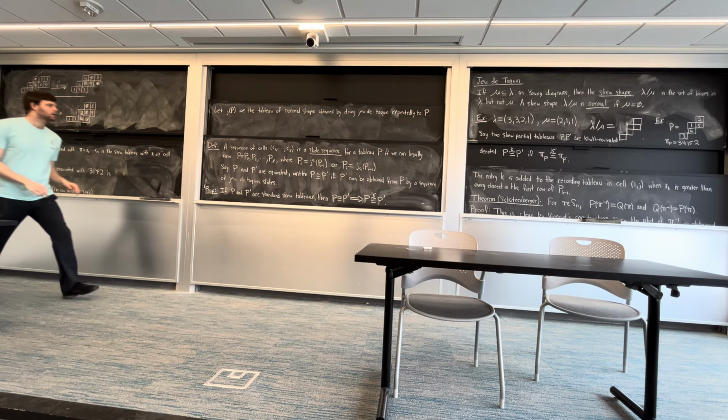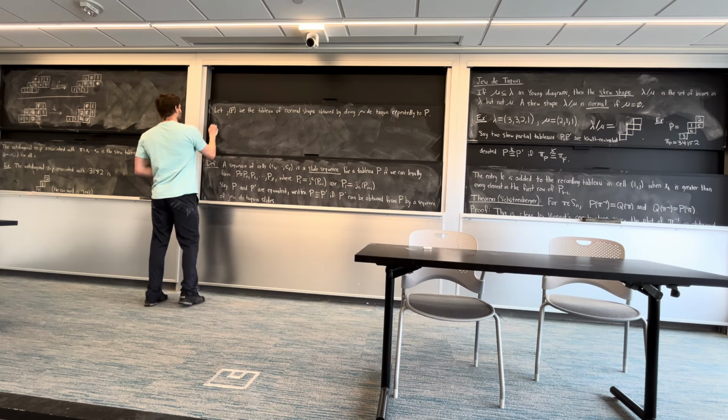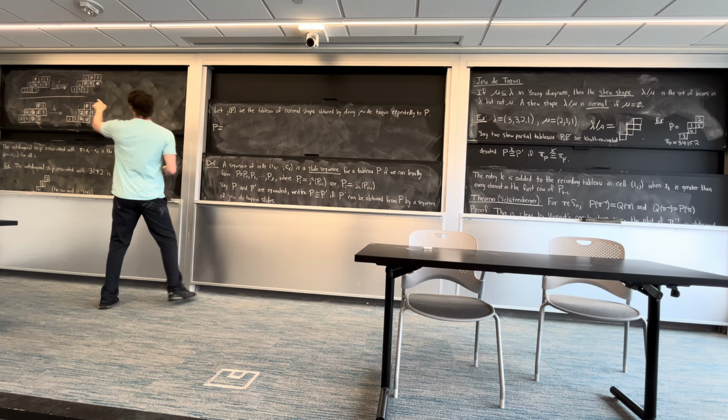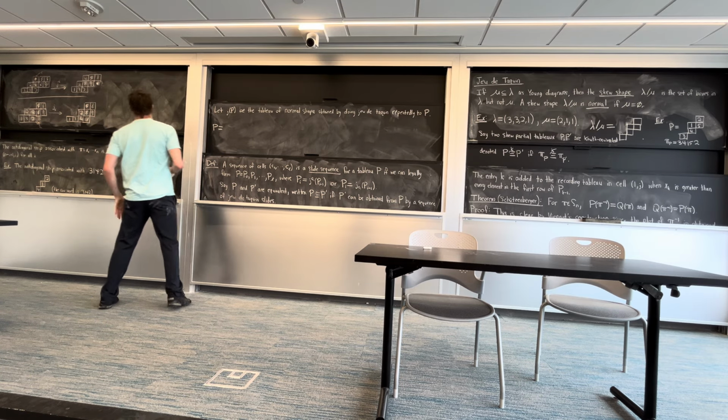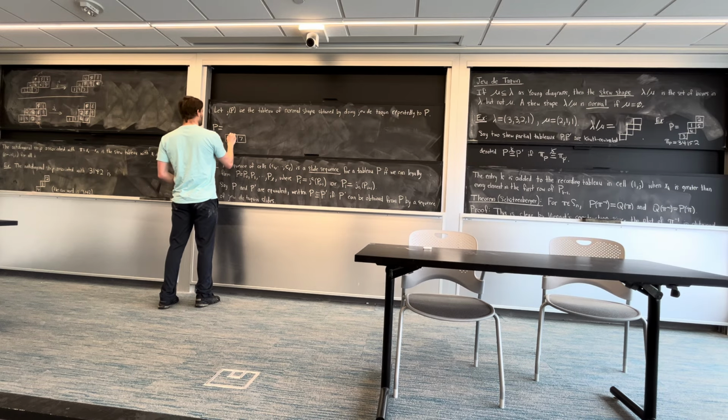Okay, so what I mean by this is, I could do it with an example here. Let's say I take P to be something like what I had here. So maybe P is this thing. Okay, so 1, 3, and 7. And then 2, 4, 6, 9.